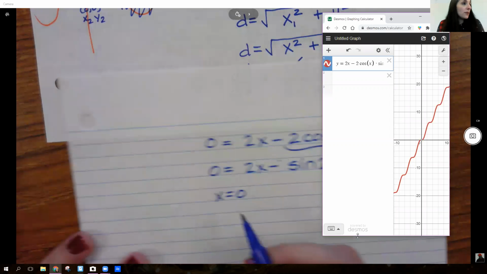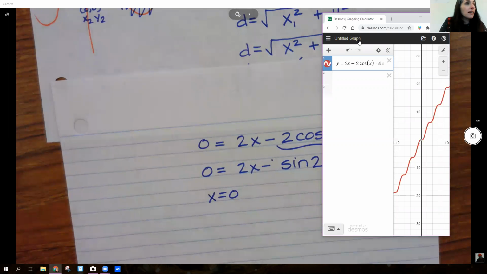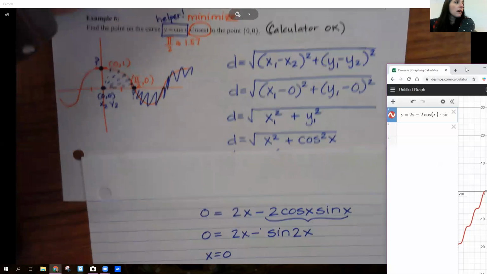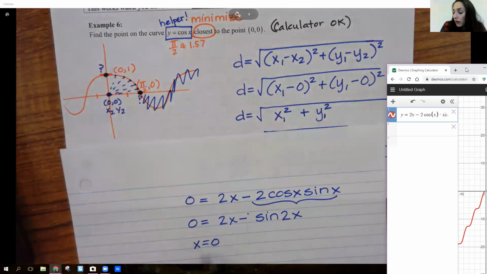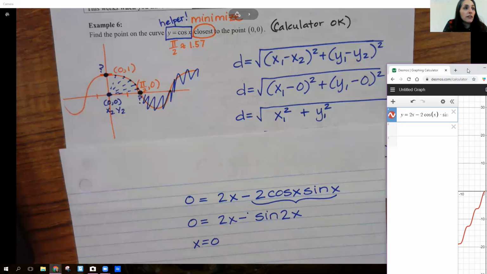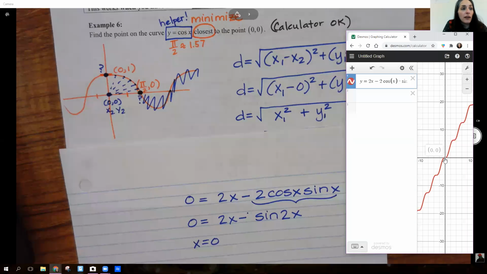Let me organize myself a little bit better here. There we go. So your critical value, which is what we just found by setting the derivative equal to 0, and we used the graphing calculator for this, we only got one x-intercept, which is at 0.